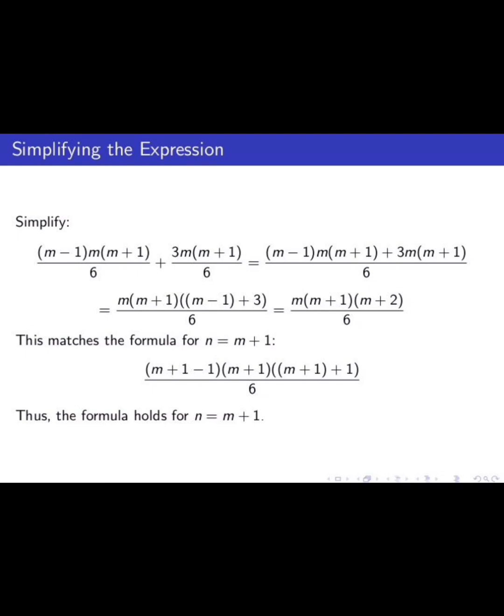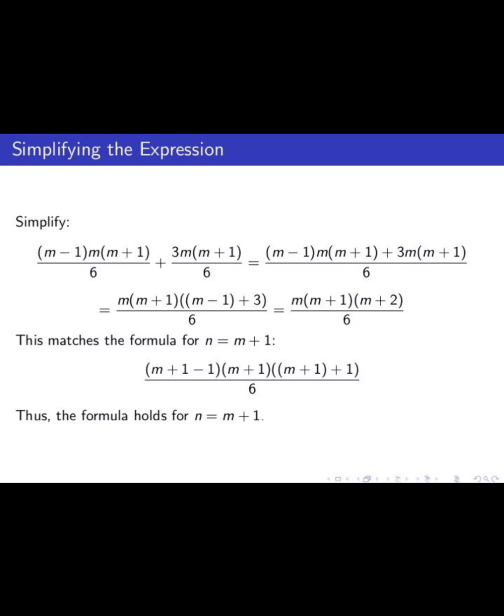So anywhere you see m now, m is m plus 1. So we will be having m plus 1, m plus 2. We have m plus 1, m plus 2 when n equals to m plus 1.